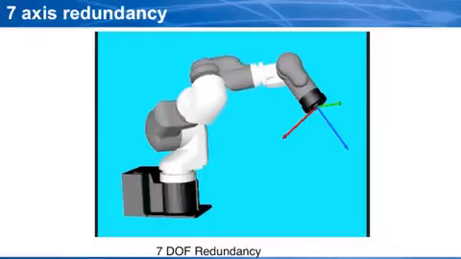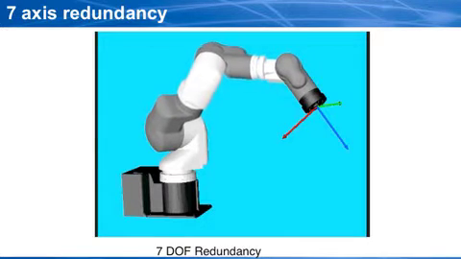Let me be clear. On a 6-axis robot, you can choose any position in its work envelope and any orientation within that for that position. That's why they're successful. On the other hand, for any given pose, this combination of position and orientation, a 6-axis robot will only give you one configuration, one shape.